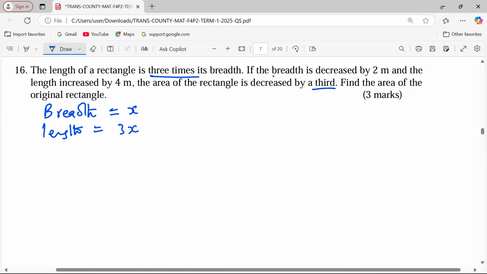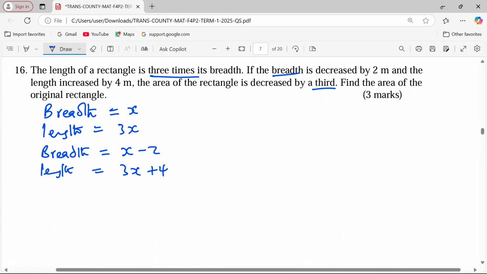In the second statement, the breadth is decreased by 2, so the new breadth becomes x minus 2, and the length increased by 4, so the new length becomes 3x plus 4.